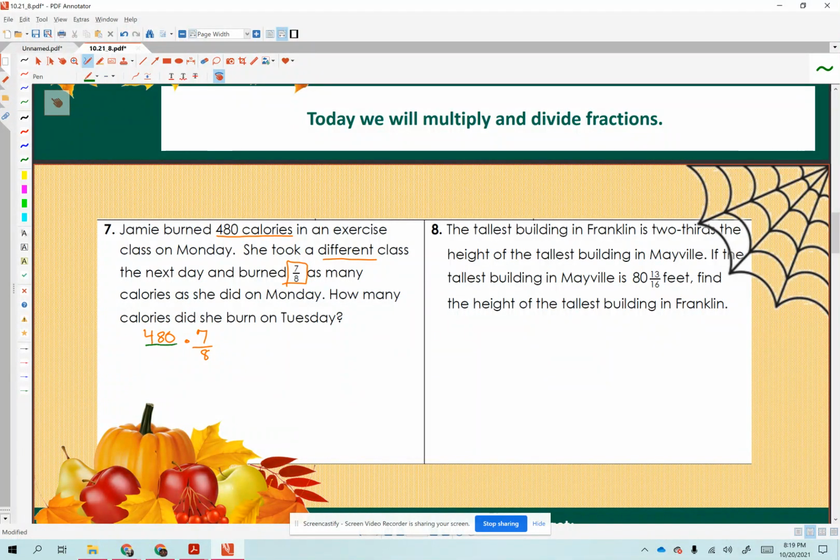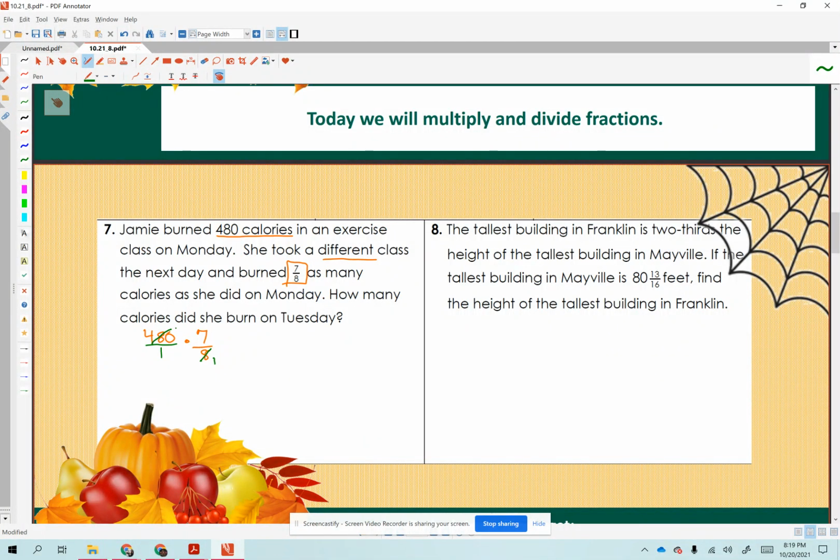So we will put a 1 in the denominator of 480. And one thing I noticed right away is that 8 is a factor of 480. I know that because 8 is a factor of 48, and just having that extra 0 to make it 480 means that it's still divisible. So 8 divided by 8 is 1. And 48 divided by 8 is 6.